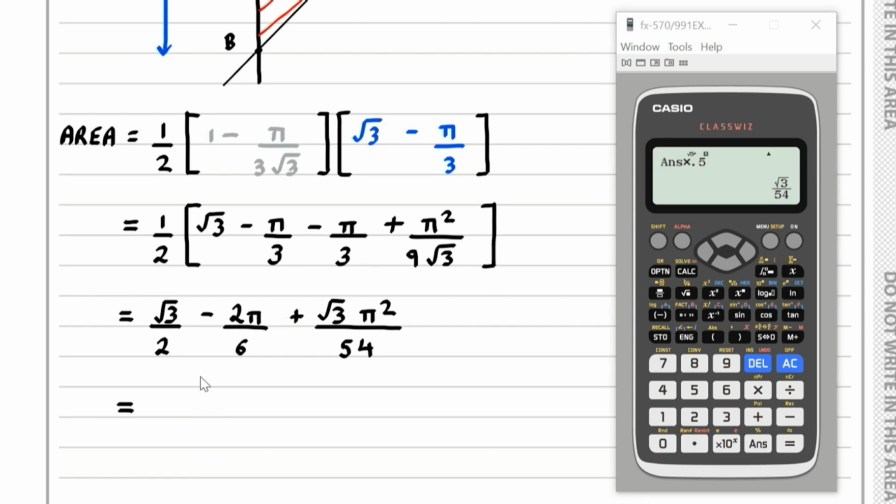And if I take out a 1 over 54 as a common factor, we've got 1 over 54 lots of, well, here we'd have 27 root 3 minus 18 pi plus root 3 pi squared.